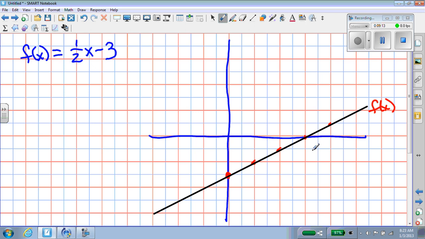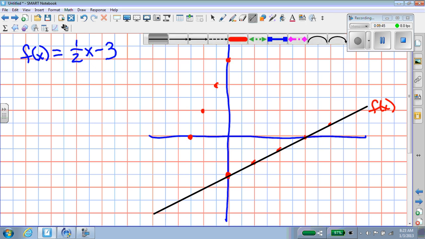We could either find it by algebraically rewriting this or by swinging these points around. So 0, -3 would be -3, 0. 2, -2 would be -2, 2. 4, -1 would be -1, 4. 6, 0 would be 0, 6.